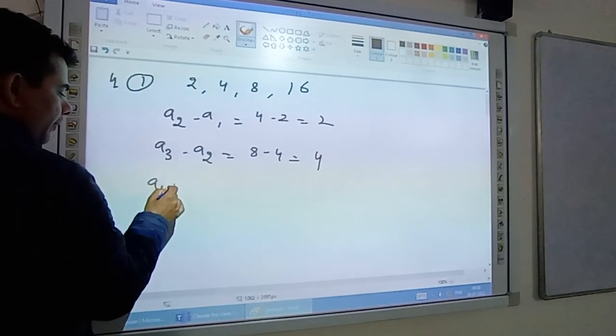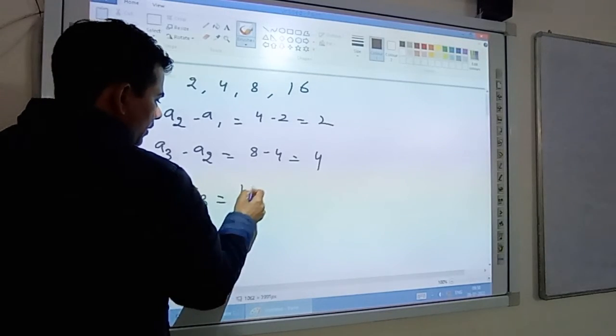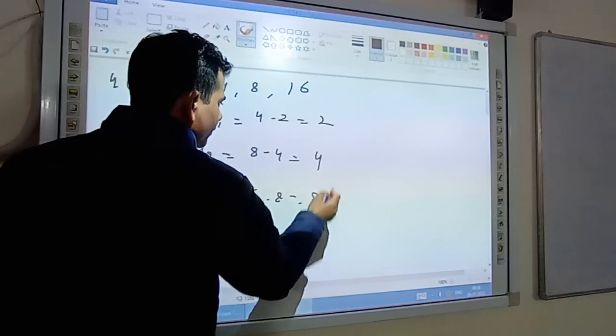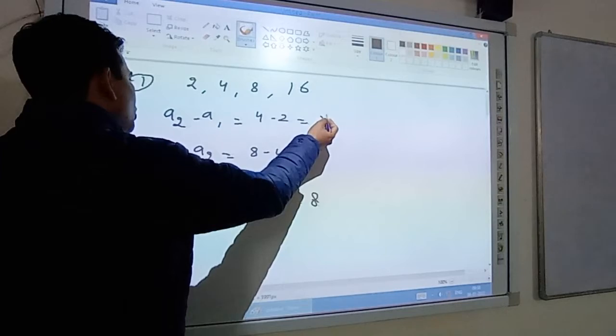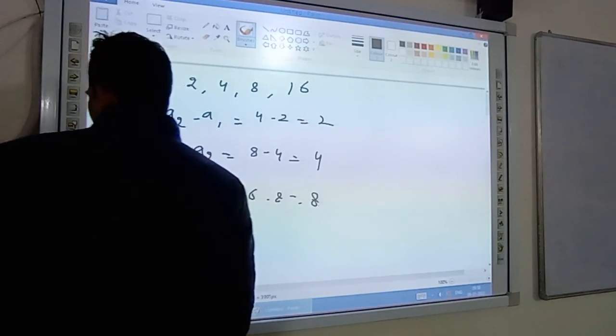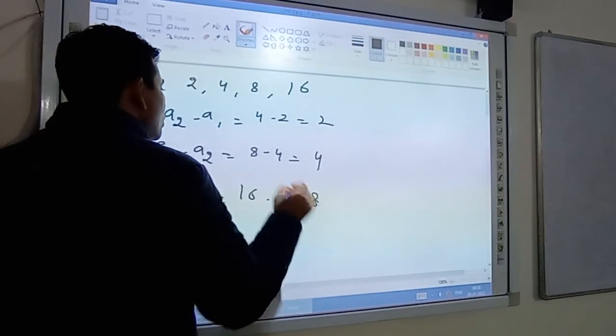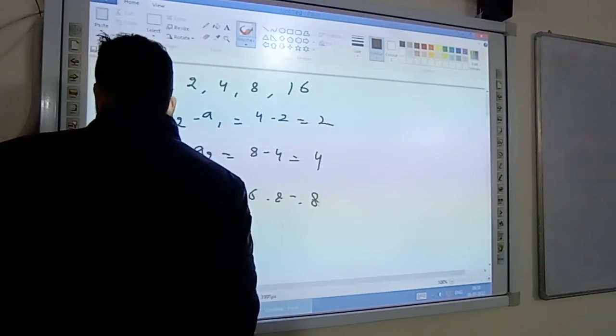A4 minus A3, 16 minus 8, that is 8. Common difference is 2, then 4, then 8. The list of terms doesn't form an AP because the common difference is not the same throughout the series.